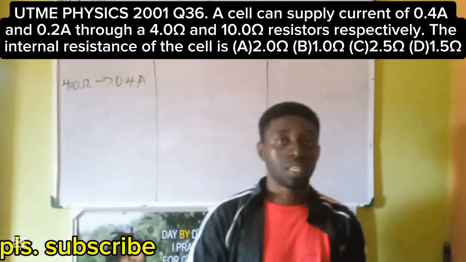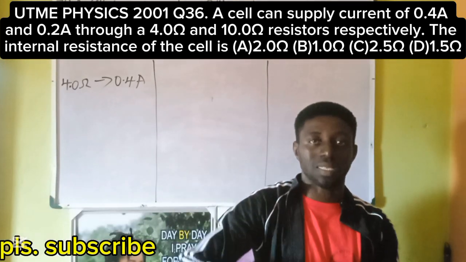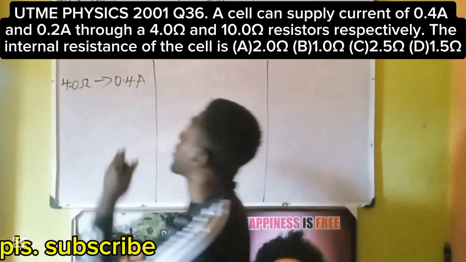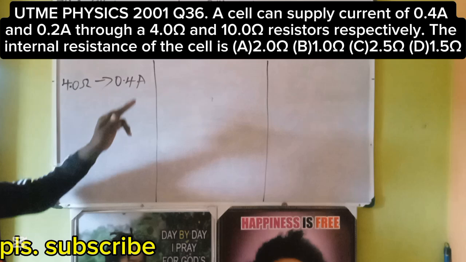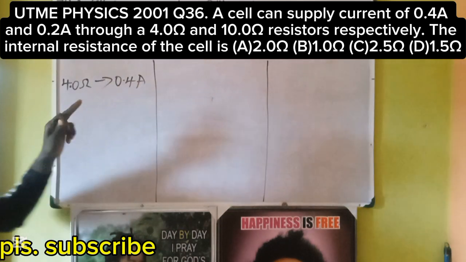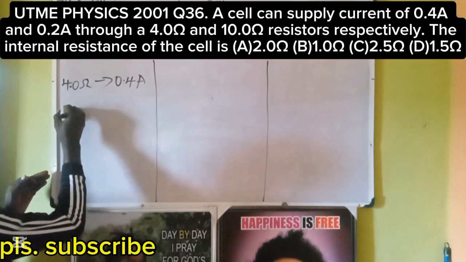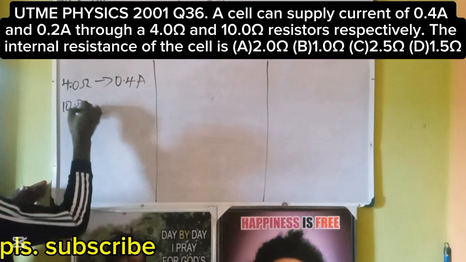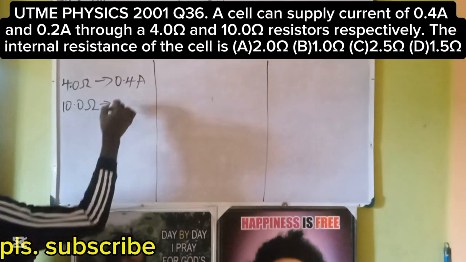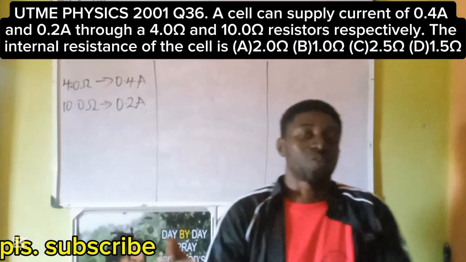Respectively simply means the first resistance will go with the first current, and the last resistance will also go with the last current reading. The first current reading is 0.4 amps, and the first resistor is 4 ohms. Then in the second experiment, we had 10 ohms resistance, and it will go with 0.2 amp. First to first, last to last, that's respectively.